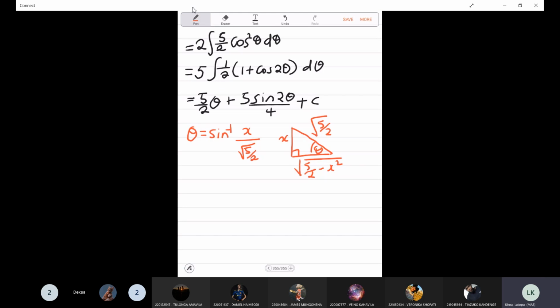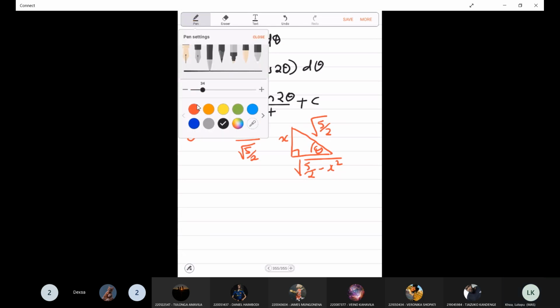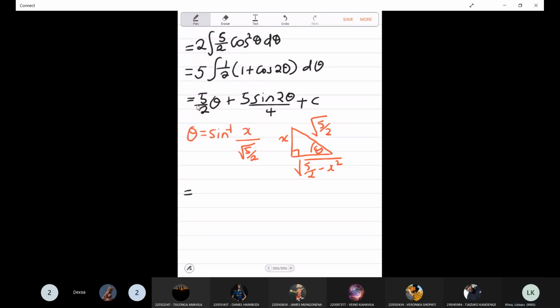Okay, now we're ready to put everything back. So here, 5 over 2, and we have a sine inverse of x over the square root of 5 over 2, which is just square root of 2 over 5 times x.